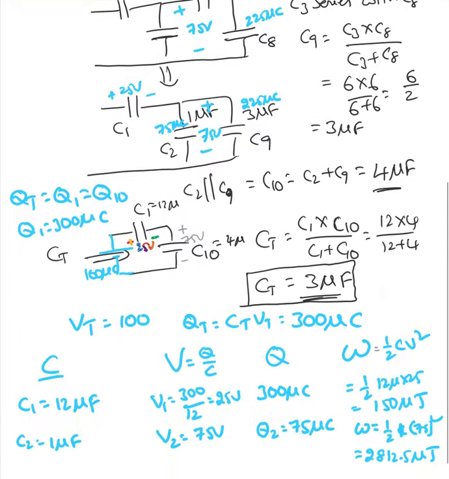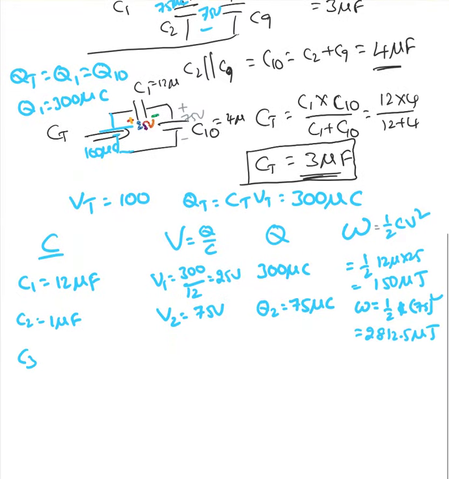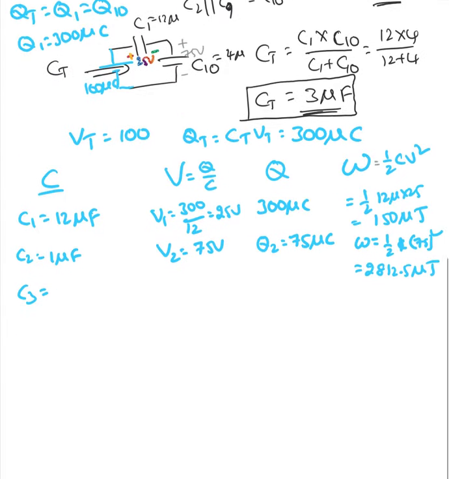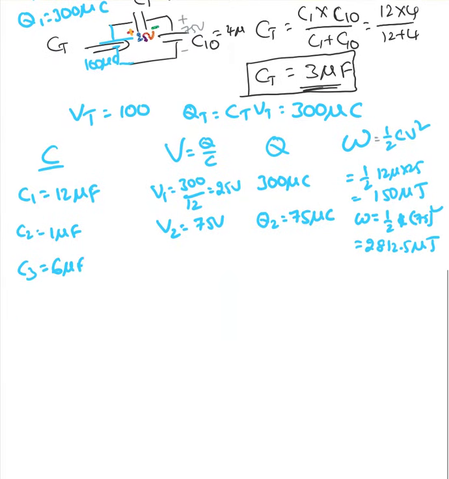So I have C3 equal to, what is the C3 value? 6 microfarad. So C3 equal to 6 microfarad. I know Q3, which is 225 microcoulombs.